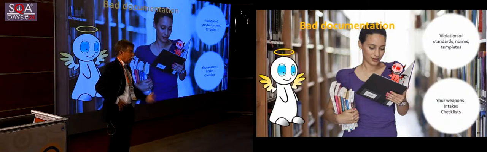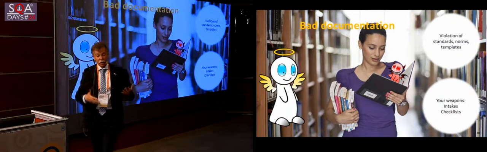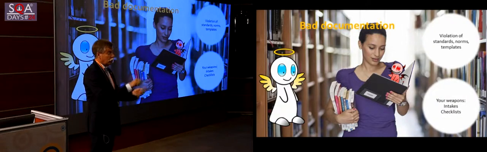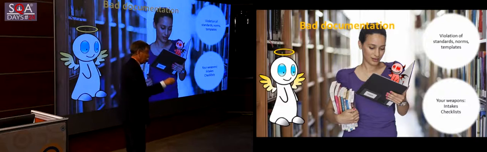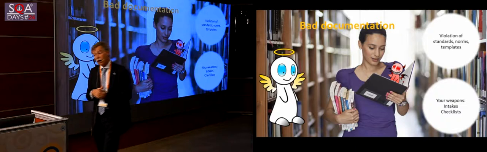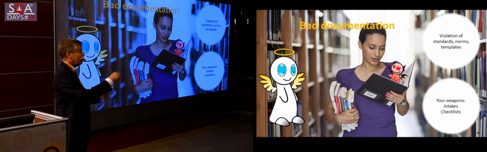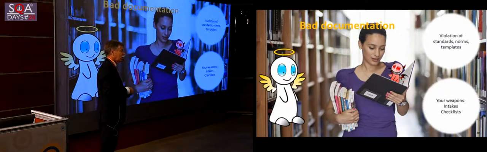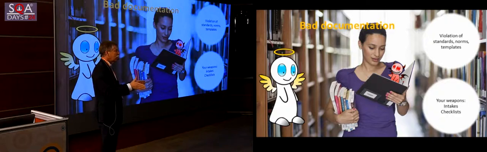And just take the standards and norms and templates and whatever and put them next to your input and say, okay, here you forgot to elaborate the why on this user story. So how could you think that I could test it? And here you have a vague statement about performance. How do you mean? This is not smart. I can't test it. So use checklists, use intake reviews, and use them thoroughly. Because every hour you spend there saves you 9 hours in testing later on.